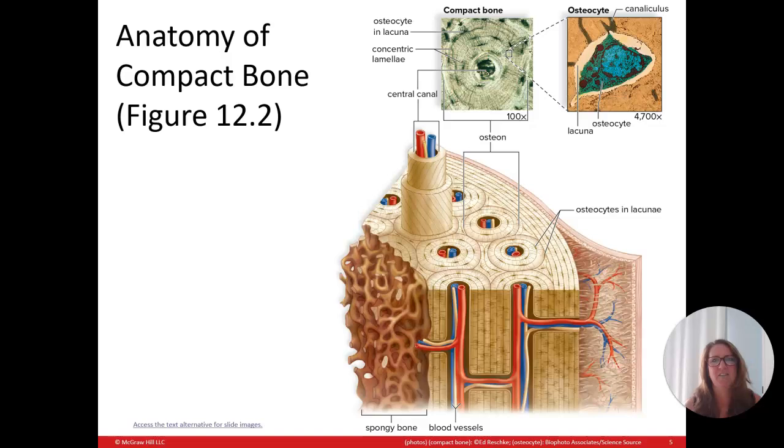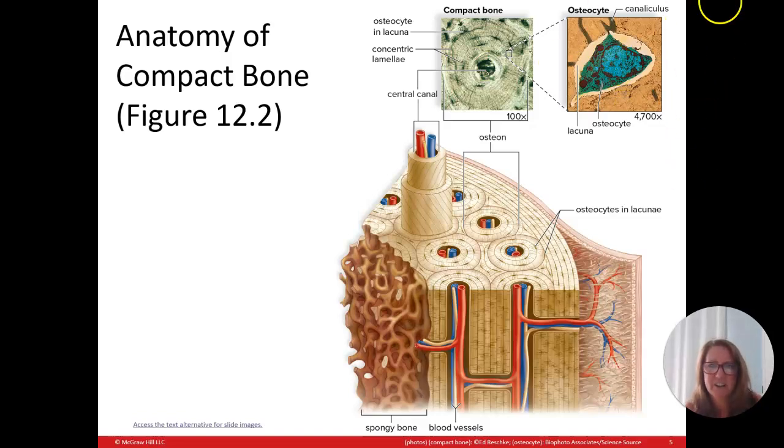So in thinking about how we design a very rigid structure, we put these bone-producing cells, osteocytes, in a little bit of a cavity. That's probably going to give it some protection, right? Then you take that same unit and repeat it over and over again, and connect it with strands, and now you've got this very rigid and structurally sound material.